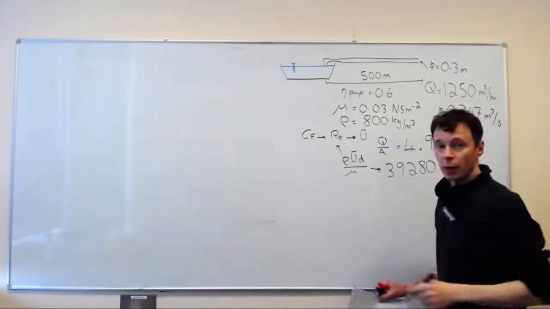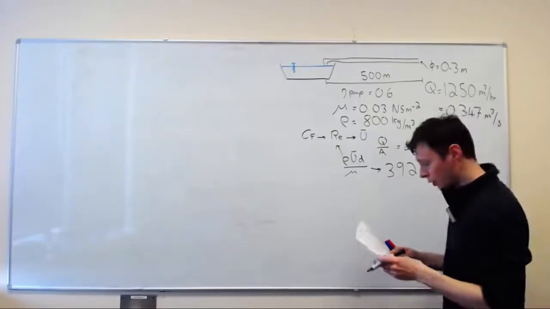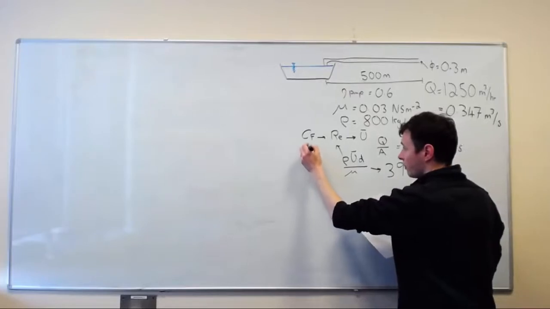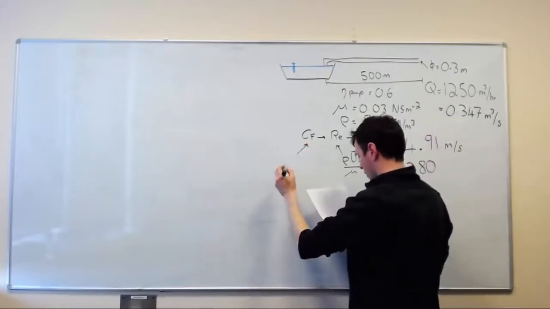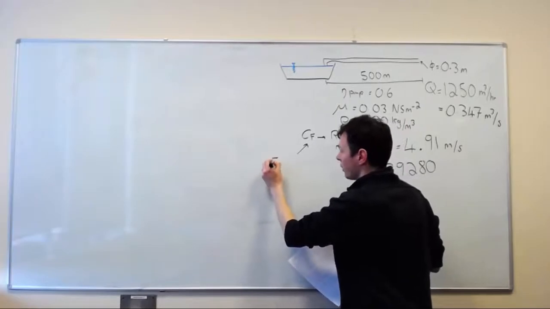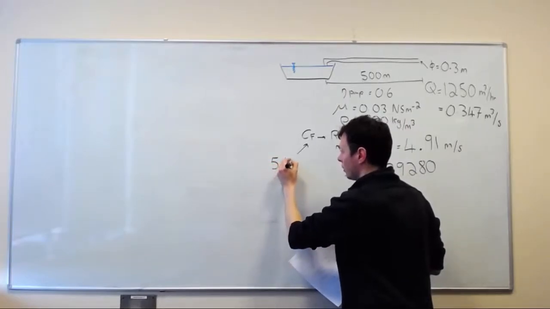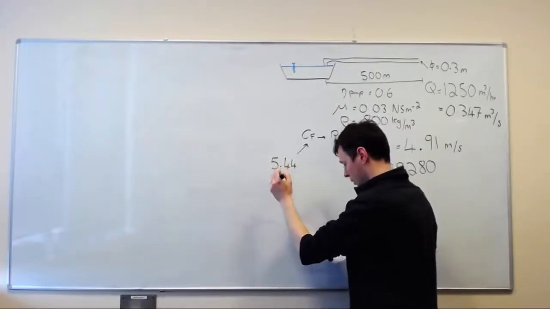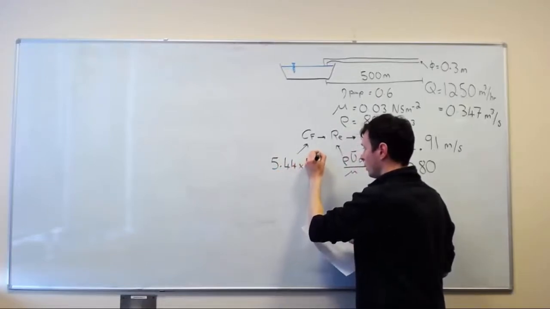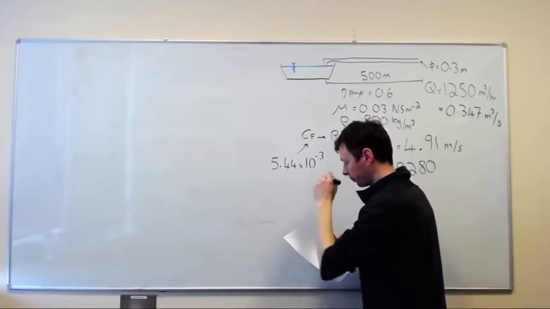Now we can interpolate in the lookup table in the question, and we get a value of CF. And again, as long as you get close enough, that's fine. That's -3.